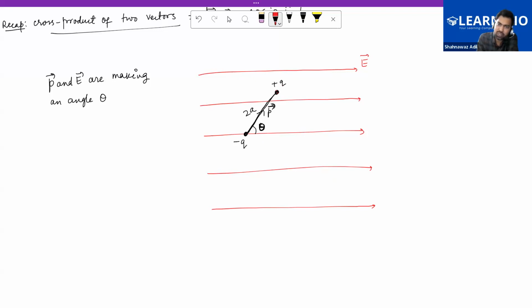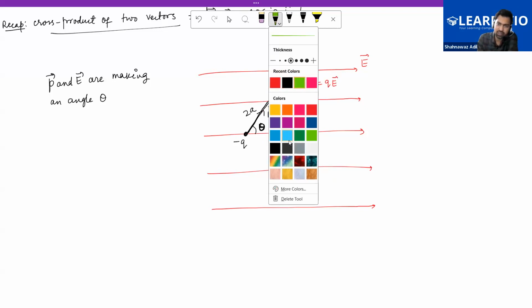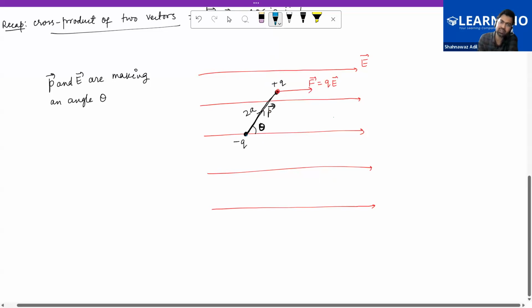What would be the direction of the force for this charge? Right. So this is F, which is QE. For this minus Q, what is the direction of the force?